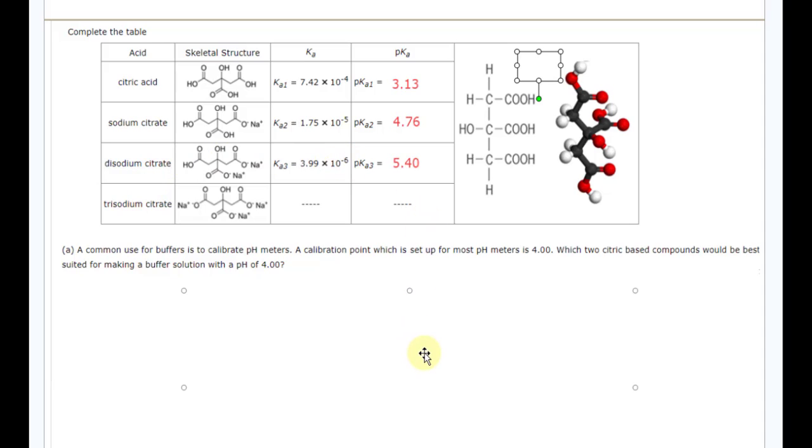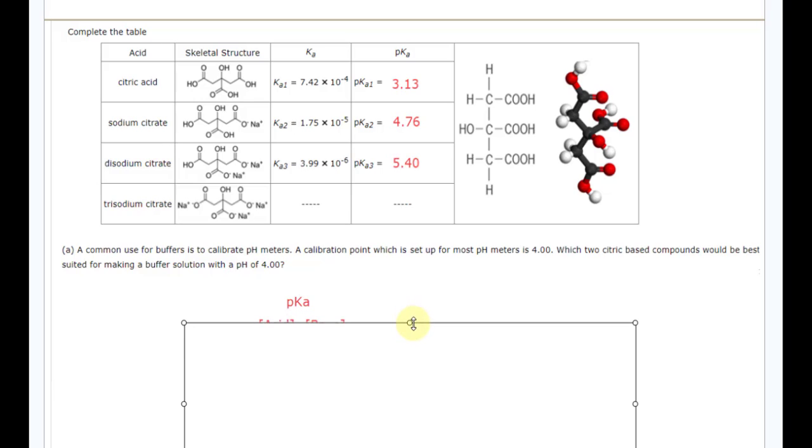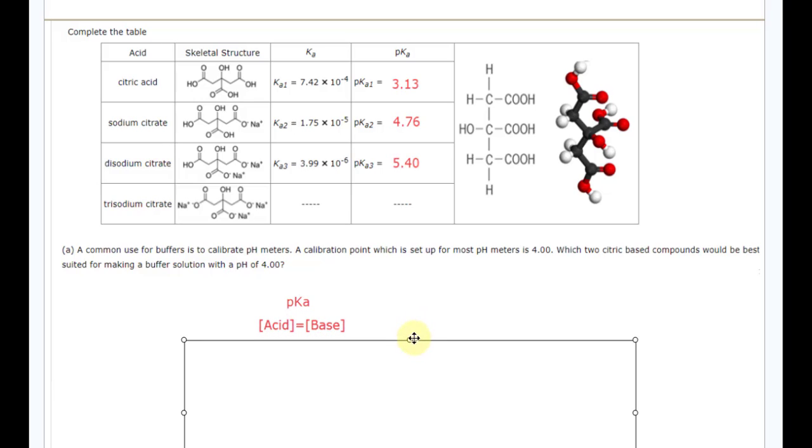Well, when you make a buffer, you want to use the pKa because the pKa is the pH when you have an equal amount of acid and base. So here's our citric acid, and its conjugate base is the sodium citrate. It loses a proton, it gets a conjugate base. There we go, Bronsted-Lowry.